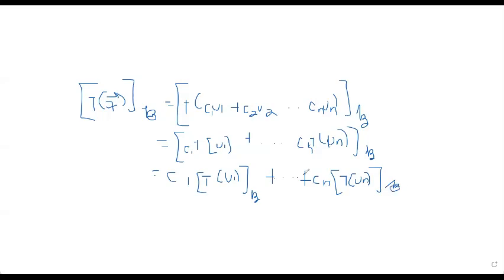All right. And from there, we can write this in a different form, which is one where we've got these matrices made up of the vector coordinate vectors of T of V.